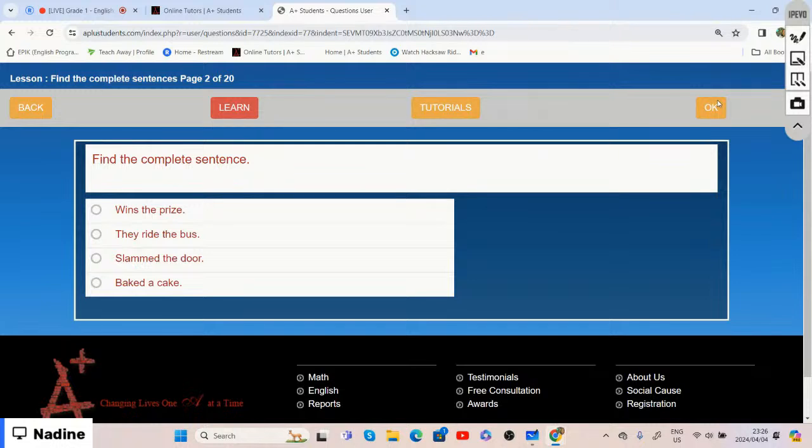So we need to now find the complete sentence. Remember, a sentence has a naming part and it has an action part. We have wins the prize, they ride the bus, slammed the door, or baked a cake.